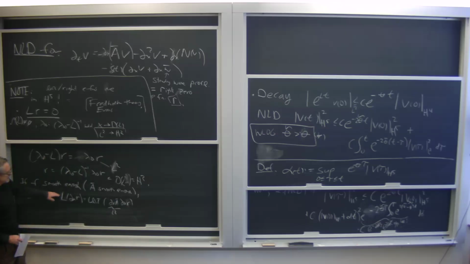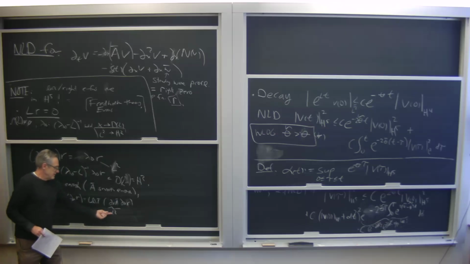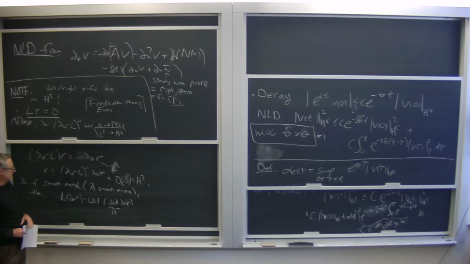But we've just shown that if the right hand side is in H1, then dxR is in H3.